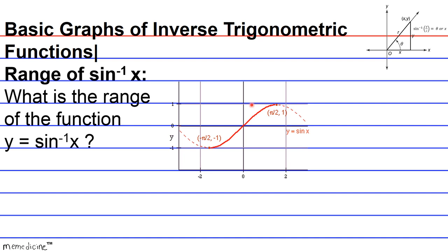Now, what we have to do is create the graph of y equals the inverse sine of x. In order to do this, we have to reflect the graph of y equals sine of x about the line y equals x. This is the line y equals x that passes through the origin.